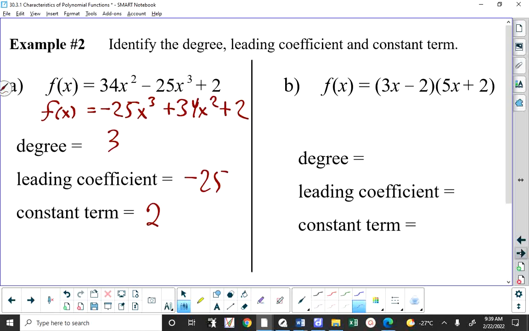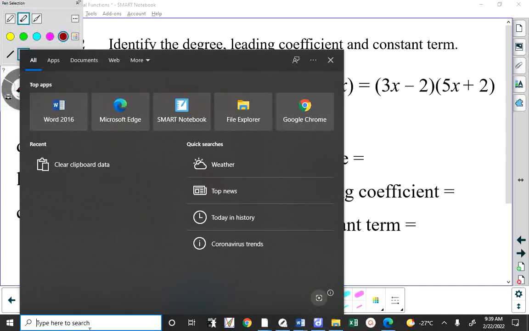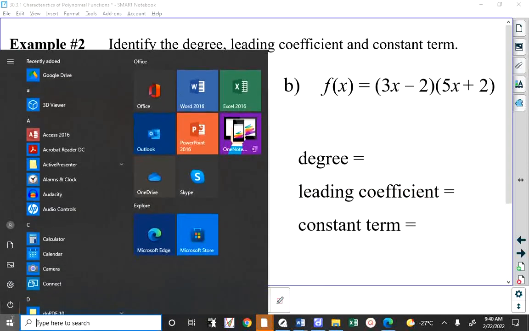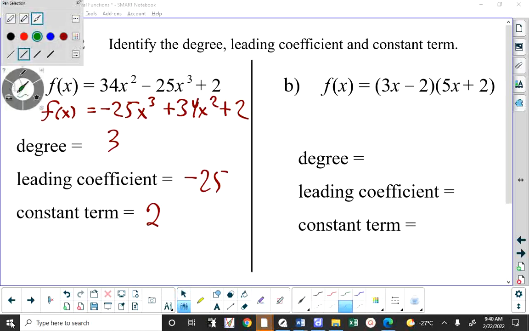Okay, now, when you take a look at B, this is going to lead to a very important idea that we continually come back to in this unit. I want you to notice that these three things are always determined by the first term and the last term.